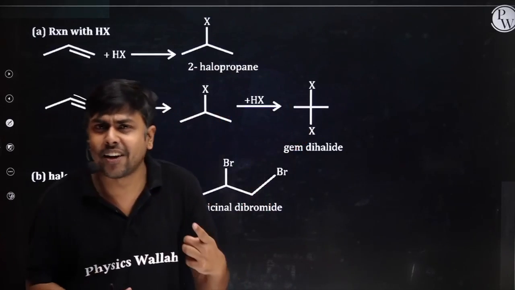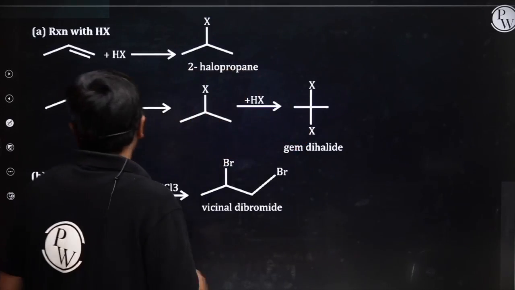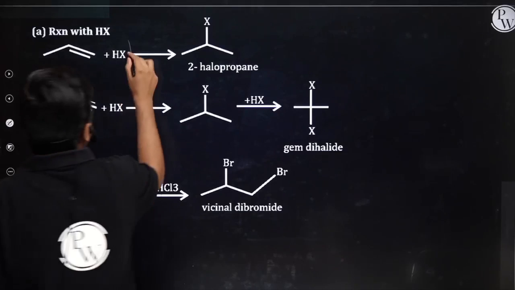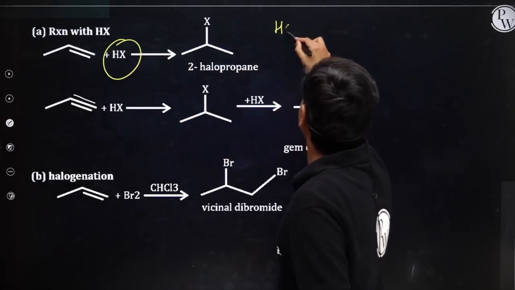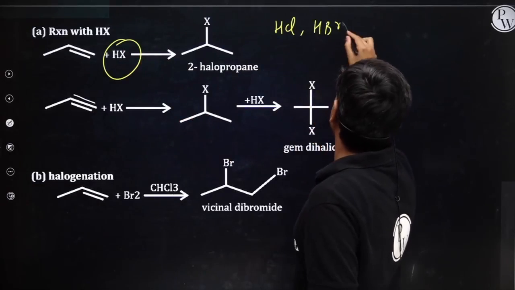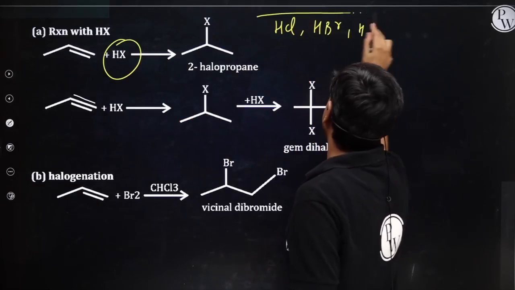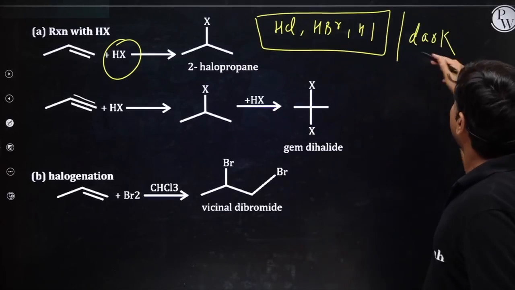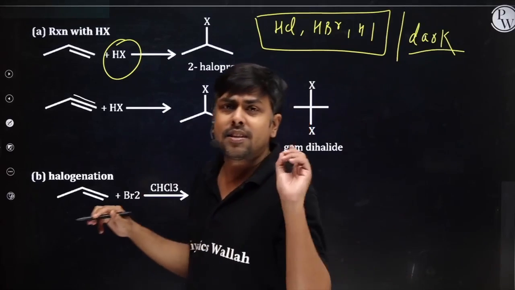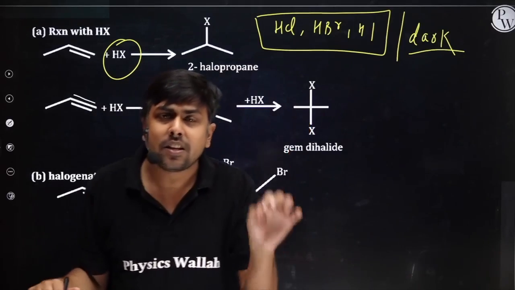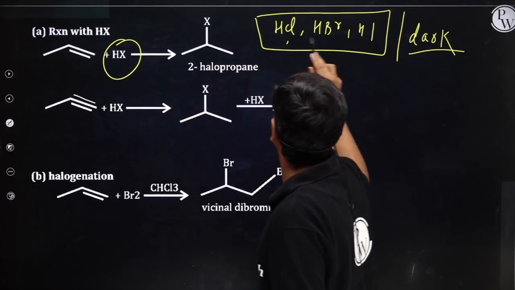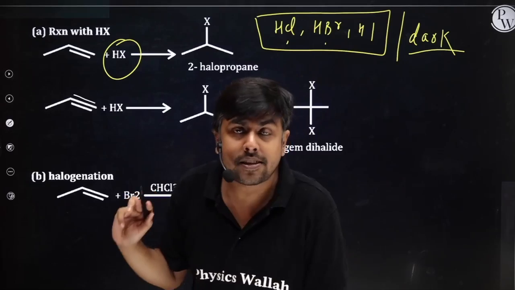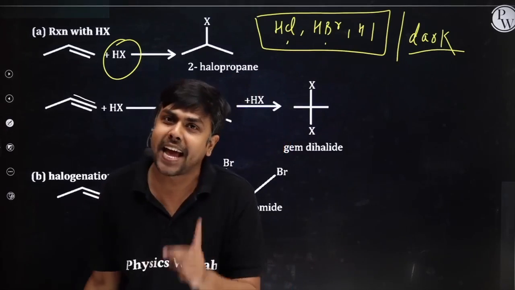Let's quickly revise that. If this HX is any acid like HCl, HBr, HI, and it's treated in dark, or even if dark is not mentioned, simply you treat alkene with any of these acids, the first step is the protonation of alkene.